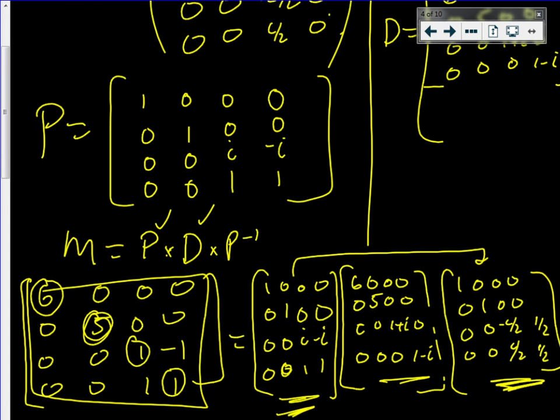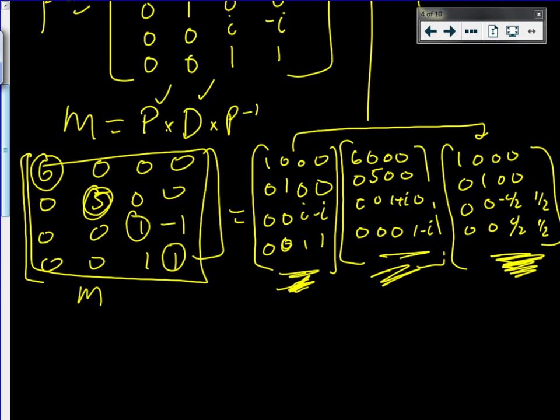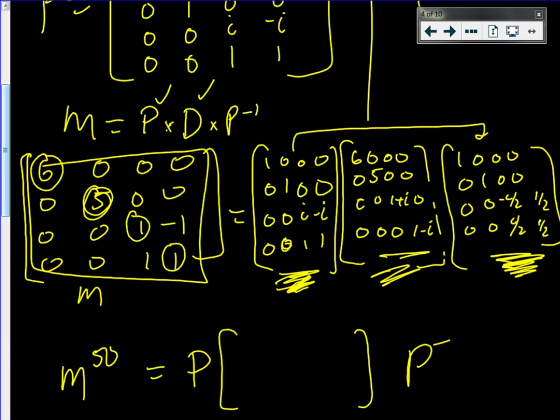This times that is the identity matrix. Yeah, it is. Okay, so there it is. If you multiplied out these three matrices, you will get M. And again, the reason they do this is if you needed to know what M to the 50 is, well, it's nothing more than this P times the matrix I'll write down in a moment times P inverse.